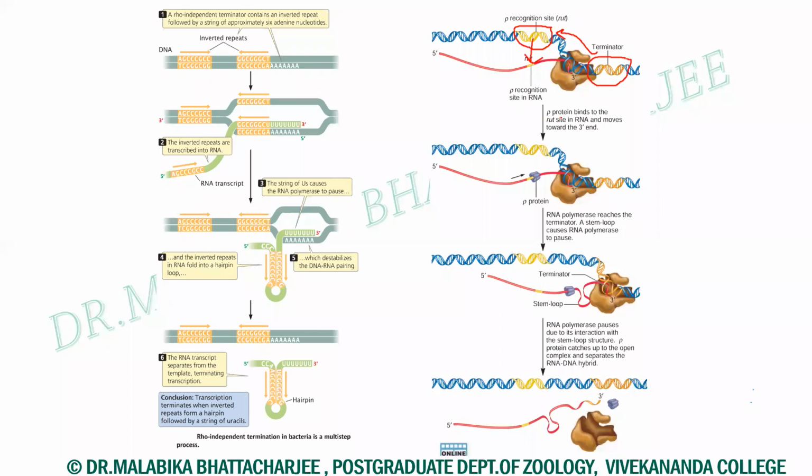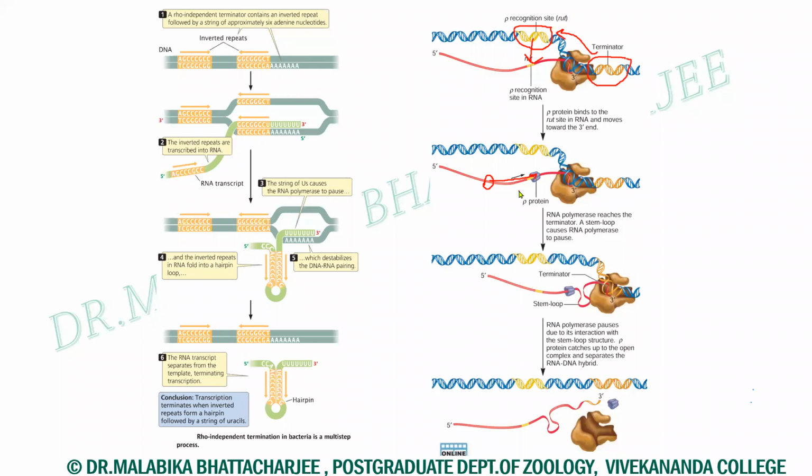Once this site has been transcribed into the RNA, now rho is a protein which consists of 6 subunits. These 6 identical subunits are then loaded onto the mRNA and they start moving towards the polymerase. What is the function of this RUT site?